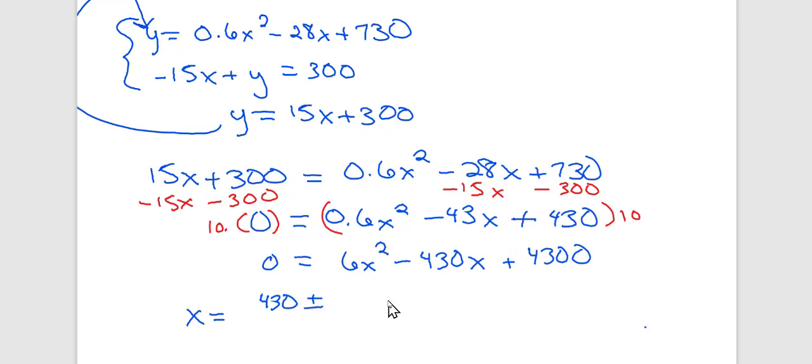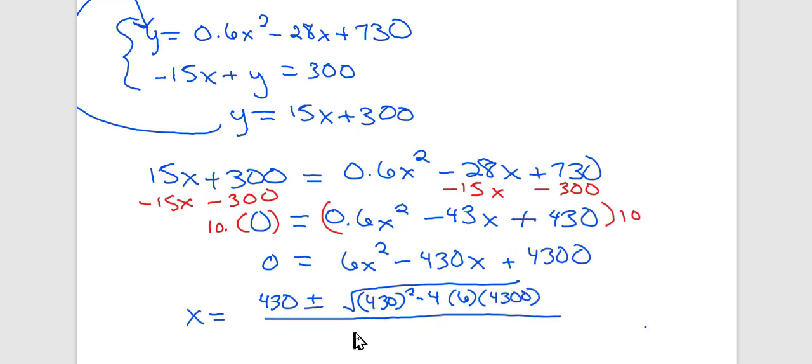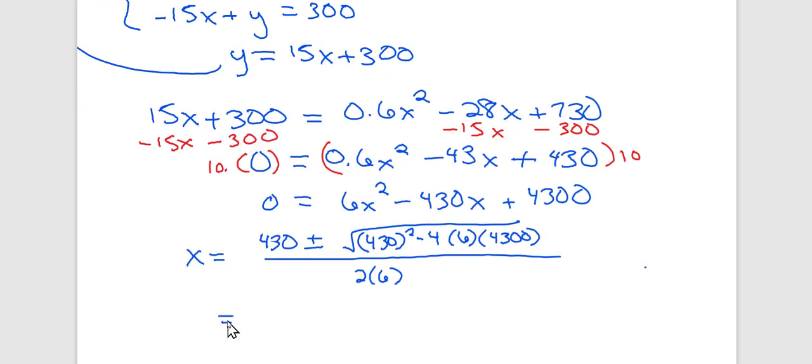The opposite of b, plus or minus the square root of b squared, so 430 squared, minus 4 times a times c, all over 2 times a. 430 squared is... oops, there technically should be a negative here. It doesn't really matter because when you square it, you get the same result.